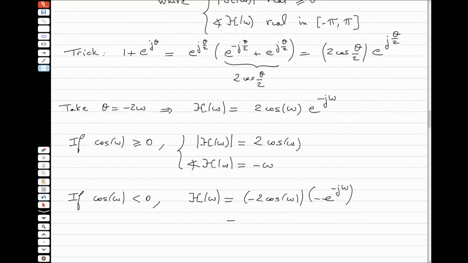But look, do you agree I can rewrite this as e to the j minus omega plus pi? You agree with this? You know, when you add pi, you change the sign. So this is equal to this.